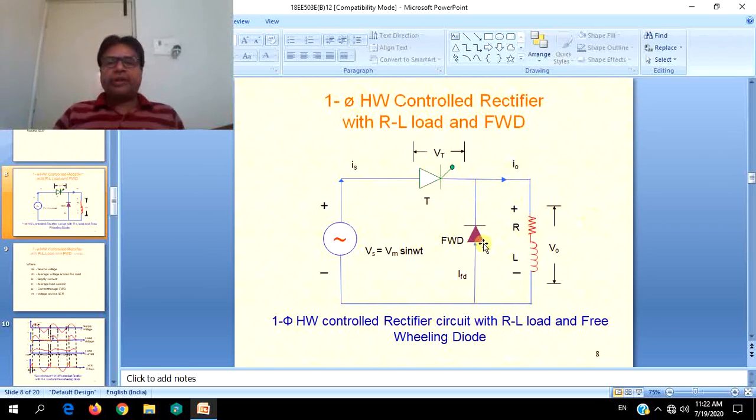This is the simple remedy done to this circuit, where the RL load is connected to the source via the SCR, which is the previous circuit, in which a freewheeling diode, nothing but a simple PN junction diode, is connected in reverse or anti-parallel to the load.